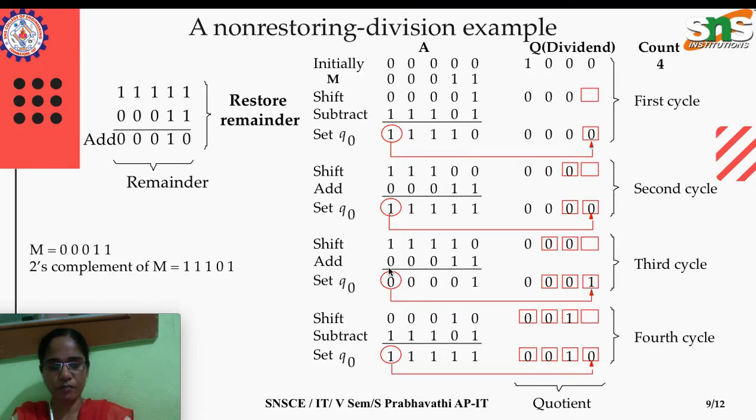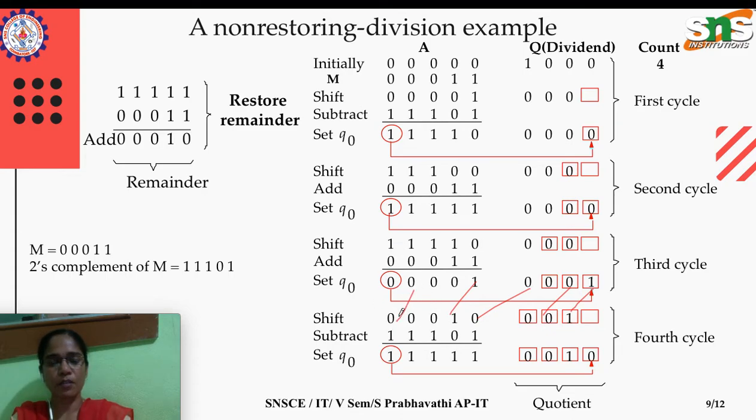So if its MSB is 0, quotient is 1, set q naught to be 1 and again shift and check the sign bit of the accumulator. So here you again do a left shift.